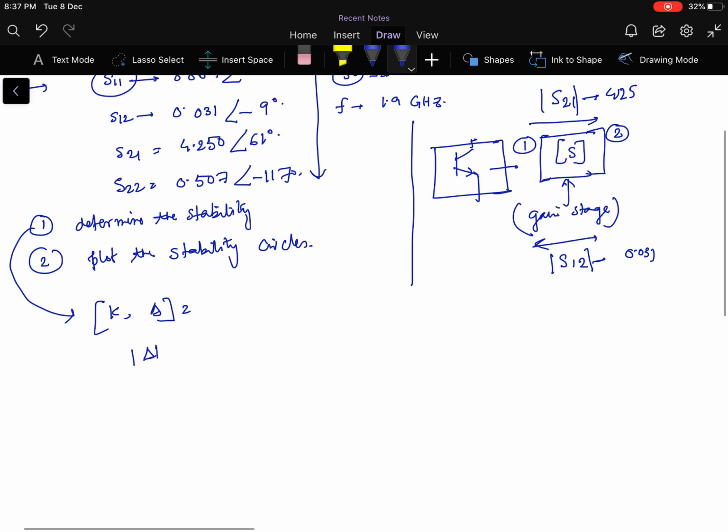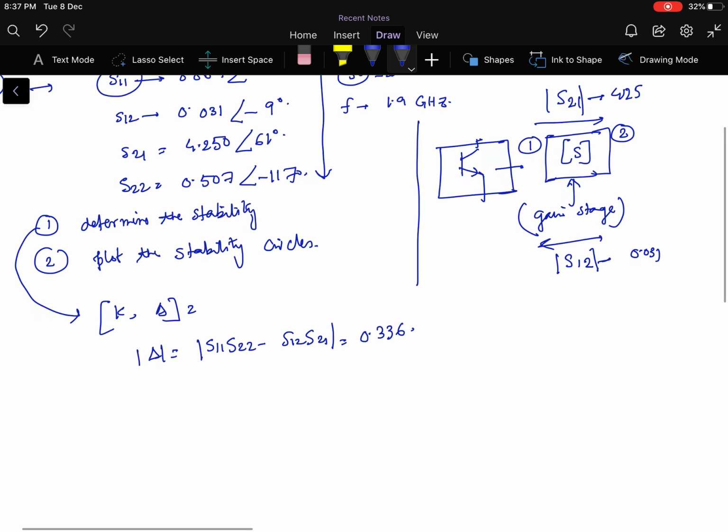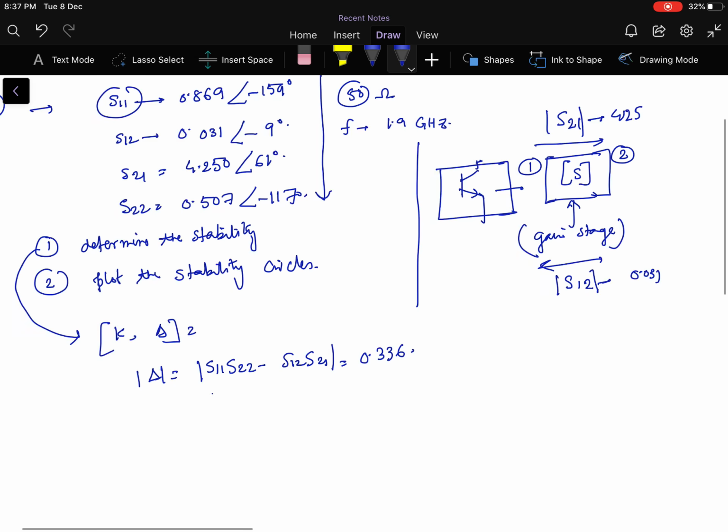Initially I need the value of mod delta. Mod delta is S11 S22 minus S12 S21, which I calculated to be 0.336.